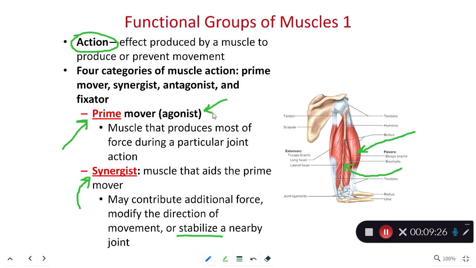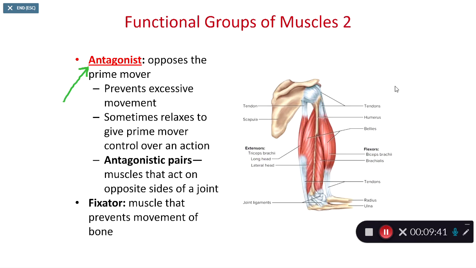If my frame of reference is extension of the elbow joint, then my prime mover is going to be the triceps brachii. And because the biceps brachii and the triceps brachii are opposite to each other, if our frame of reference calls one the prime mover, the other one by default has to be the antagonist. And as we look at the prime mover and antagonist, we can group them together as antagonistic pairs.